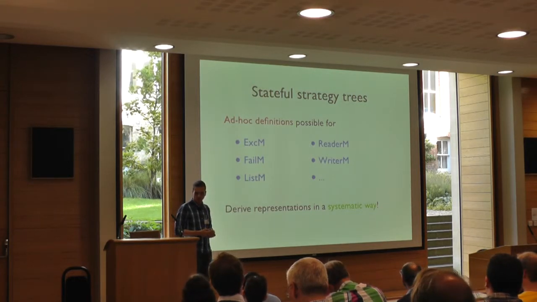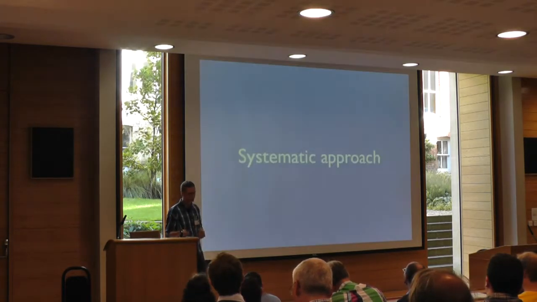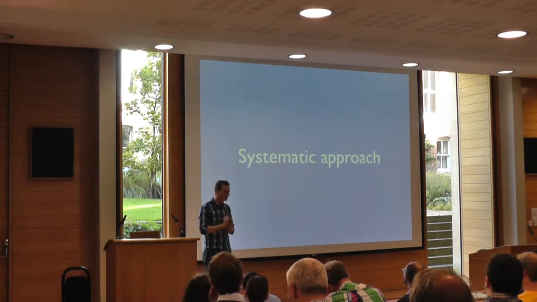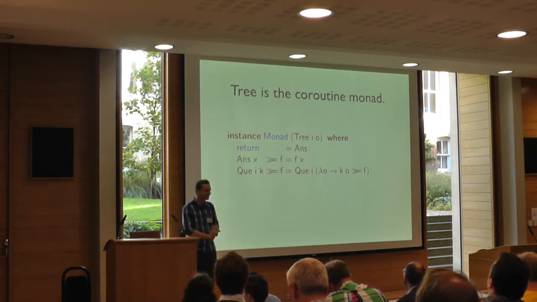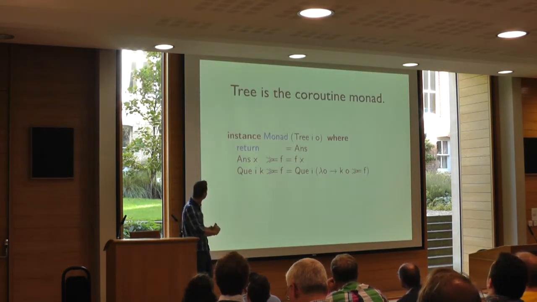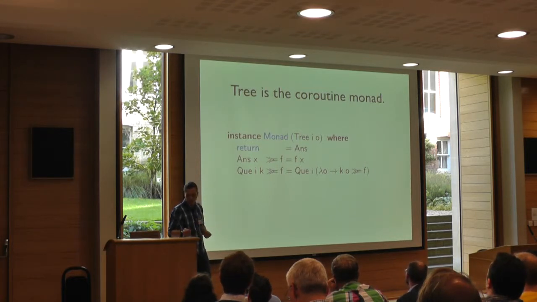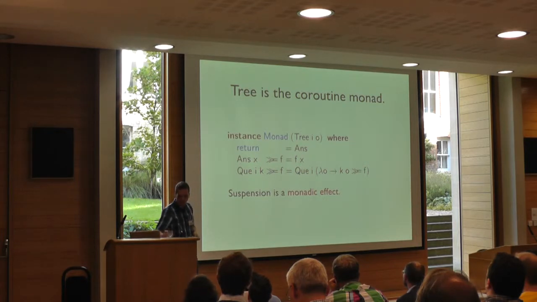So whenever we search for some underlying structure in data types, what we usually find is a monad. So there it is. Tree is actually a monad, and here you've got some elements. It goes by several names.